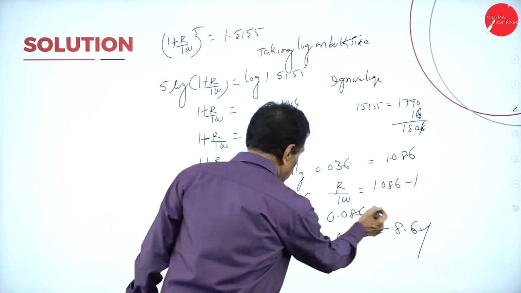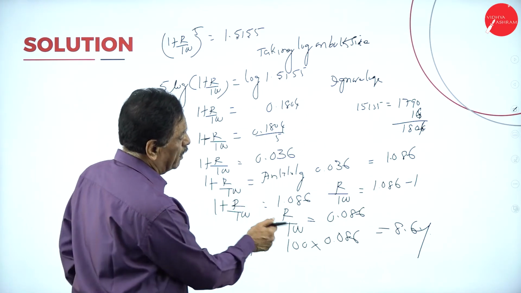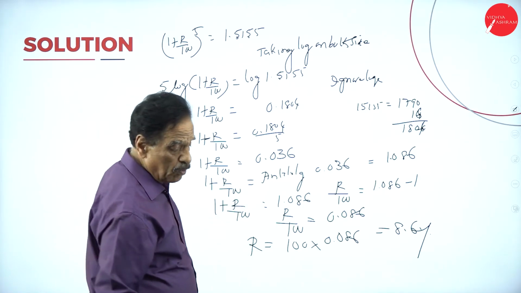Deduct 1 to get 0.086, multiplied by 100 is 8.6%. Hope you understand this.